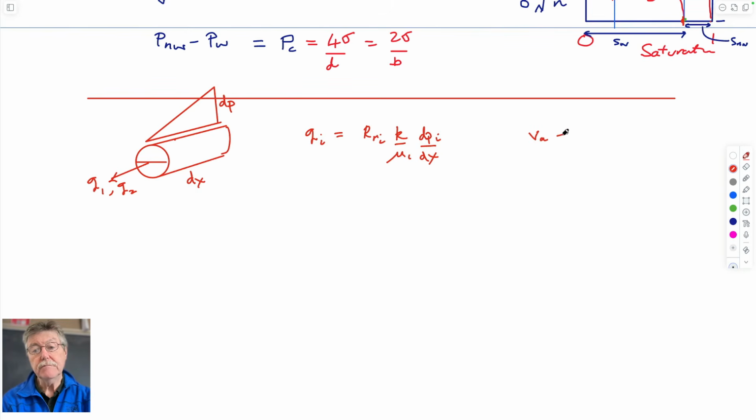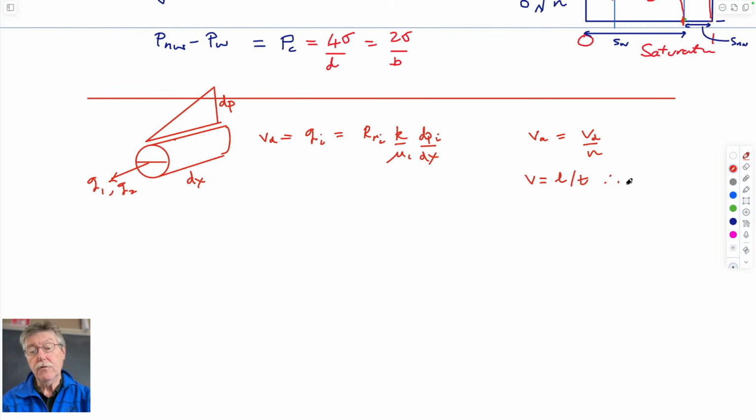If we wanted to get an advective velocity, we can take the Darcy velocity, as we've called it, and divide it by porosity. And that's useful to us because you've used it already, because you know that velocity is equal to length over time.